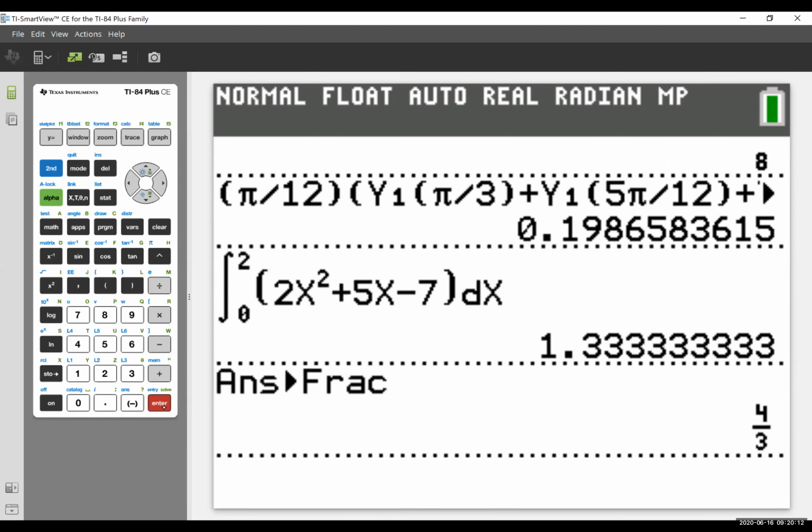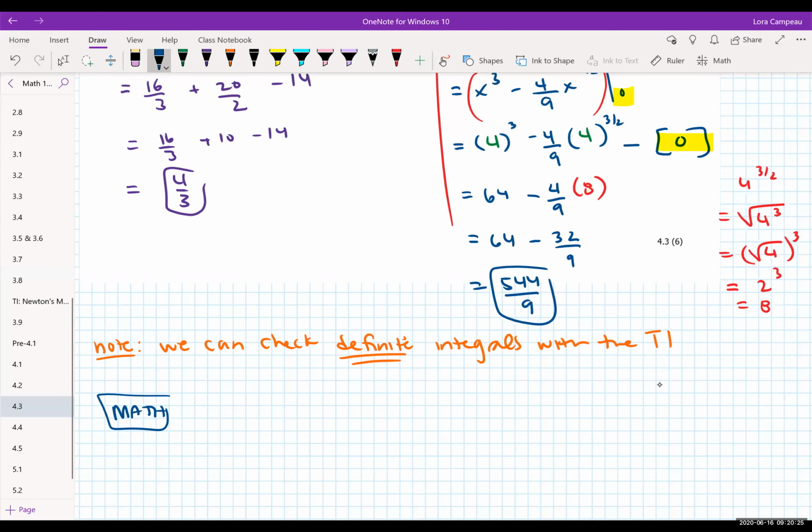Sometimes it allows you to, and sometimes it doesn't. And check it out. Isn't that what we got? Let's see, refresh my memory. Oh, yes, we did. Look at that. Pretty cool, huh? So it really worked with definite integrals.